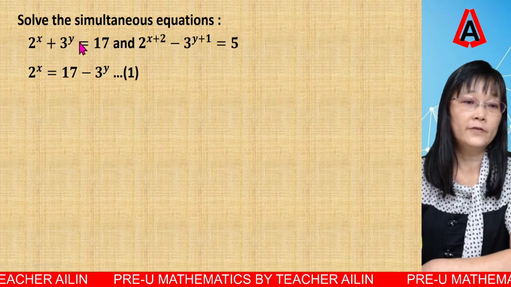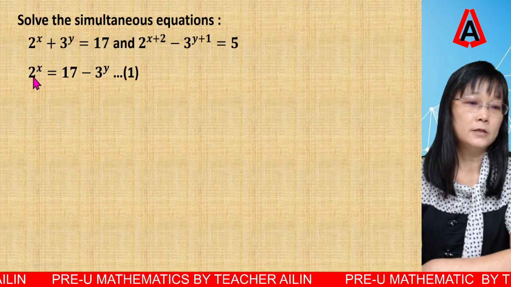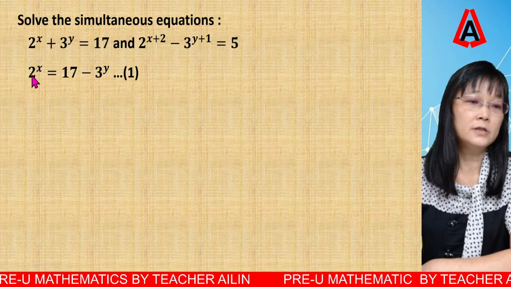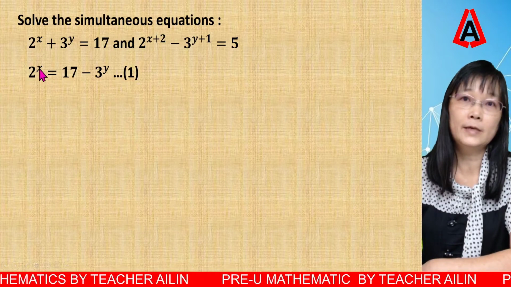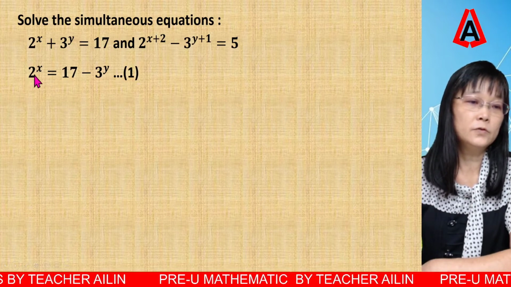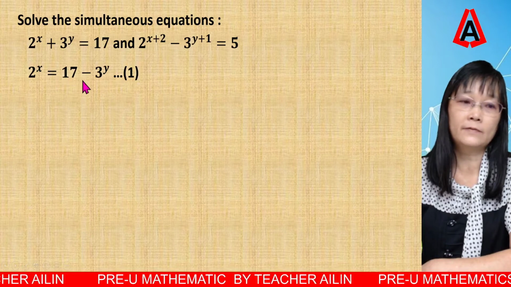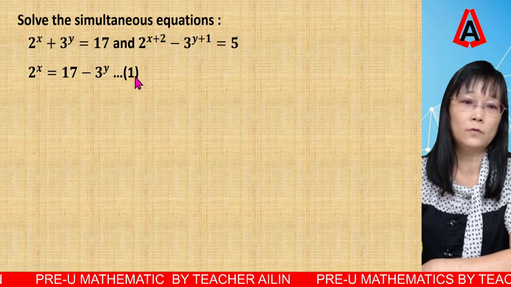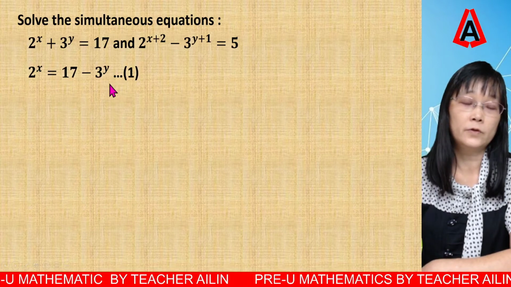For the first equation, I rearrange the equation so that the x term is the subject. So 2 power x is equal to 17 minus 3 power y. This is the first equation.